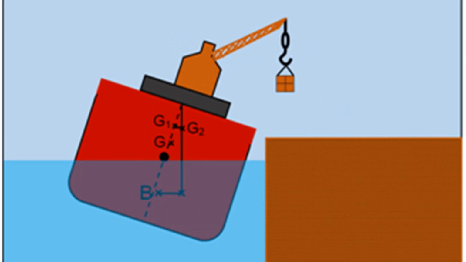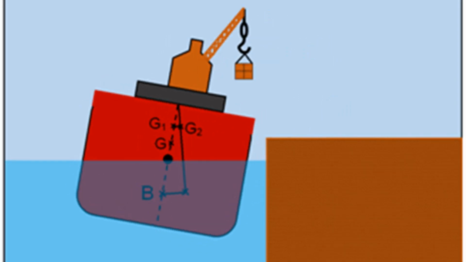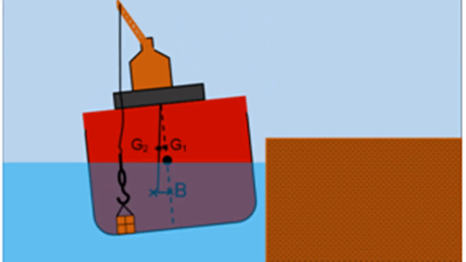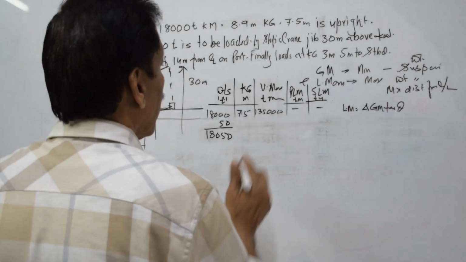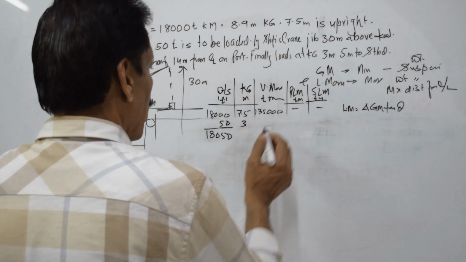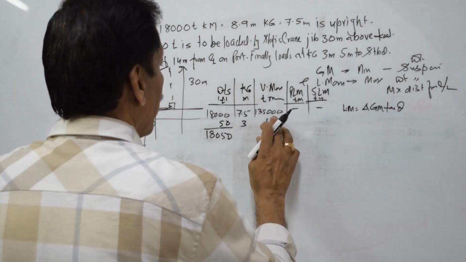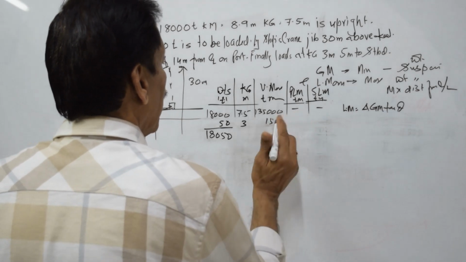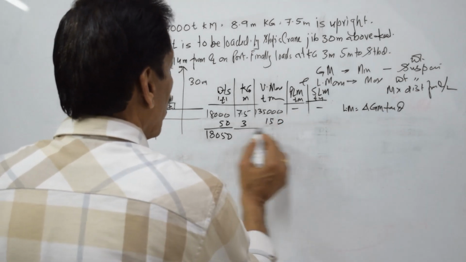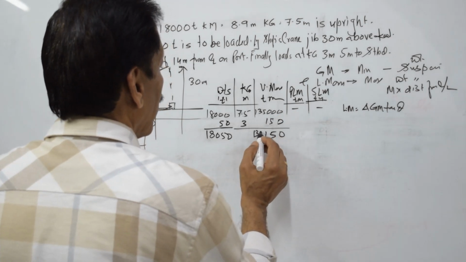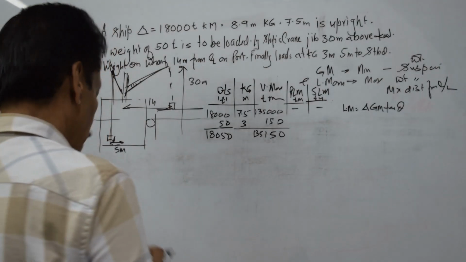So when the weight of 50 tons is finally loaded, the displacement becomes 18,050. The weight is loaded at a KG of 3 meters. So it is going to add vertical moments of 150 tons meter. Total vertical moment is going to be 135,150.